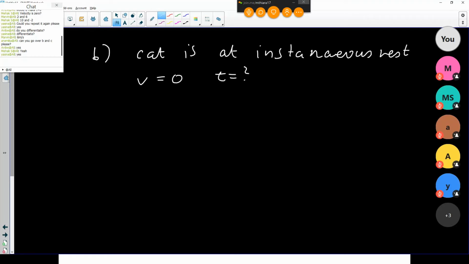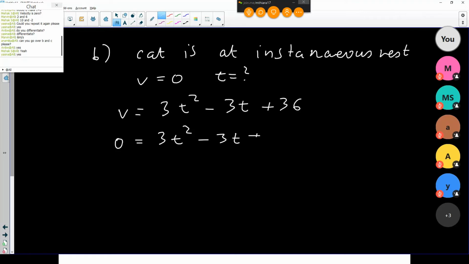I already know the formula for velocity. Velocity was equal to 3t squared minus 3t plus 36. So therefore I want 0 is equal to 3t squared minus 3t plus 36, and when I solve that quadratic, I get t equals 4 or t equals minus 3.